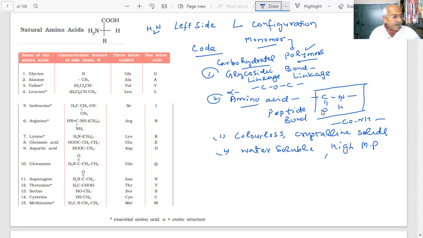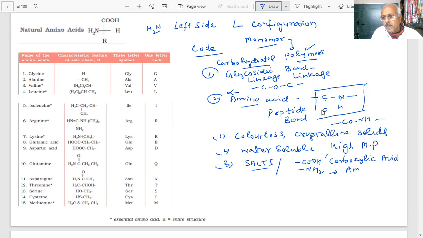So that means, students, they behave like salts rather than simple amines or carboxylic acids. They are behaving like salts rather than simple COOH, which are carboxylic acids, and these are amines. So they are not behaving like either of these two.